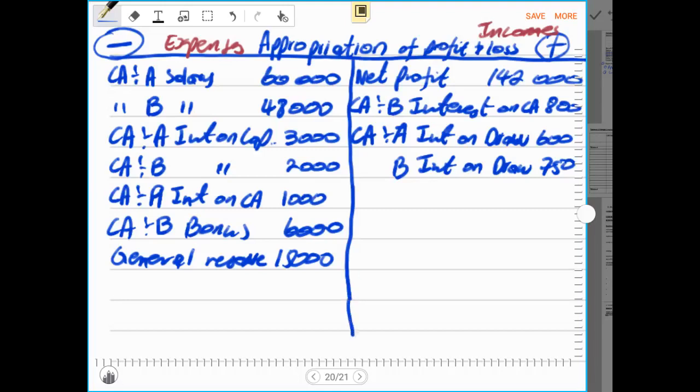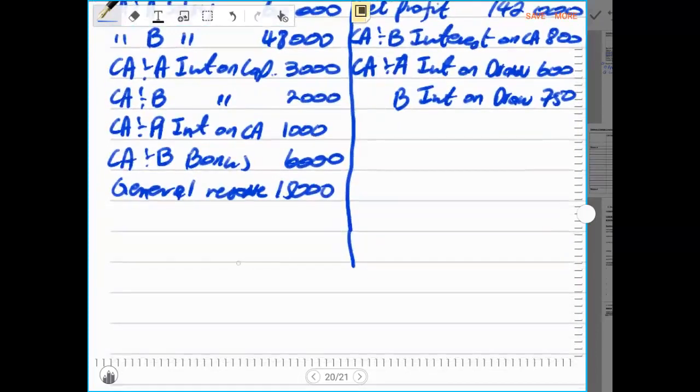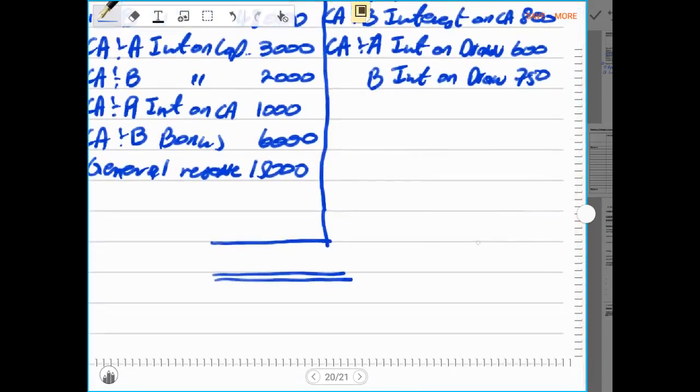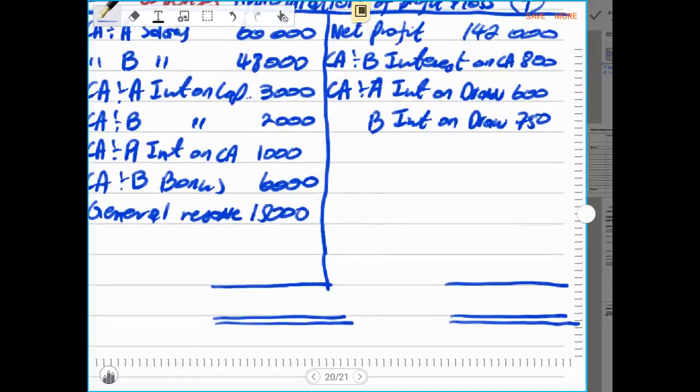Then from here we can share the profit among the partners according to the ratio of the partnership agreement. So now we have to take the total of the bigger side, and the total of the bigger side is the credit side, which is 144,150.